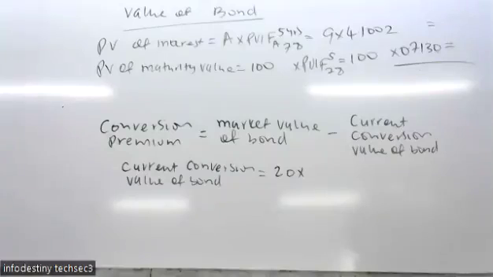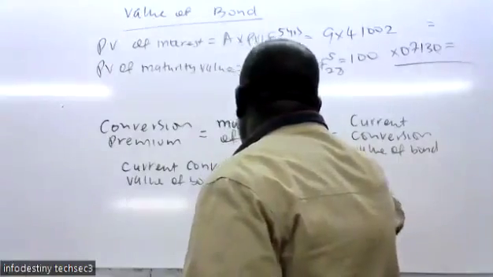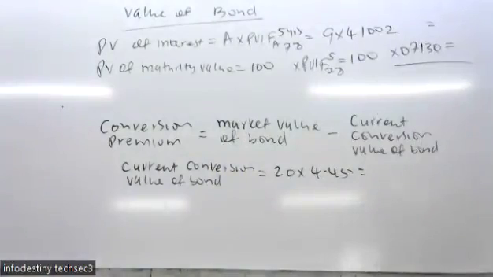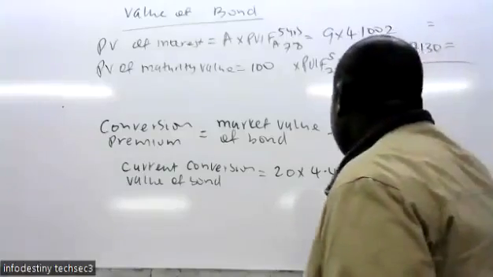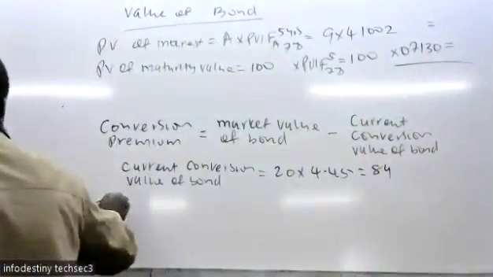The current market price was given as 4.45. So multiply by 4.45 so that you get the current conversion value of the bond. You get 89.